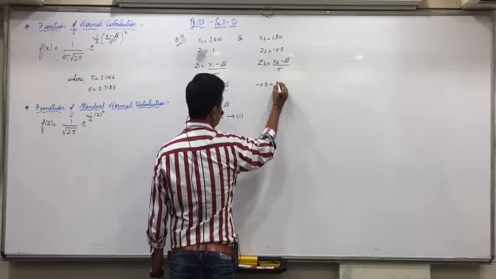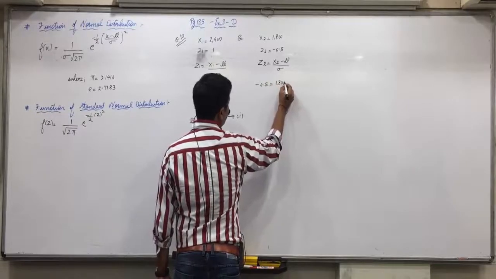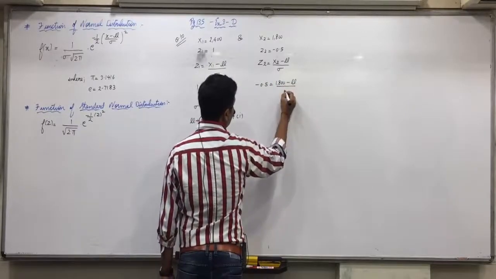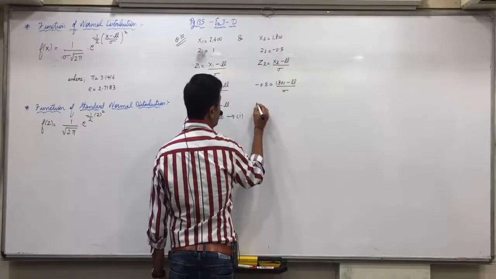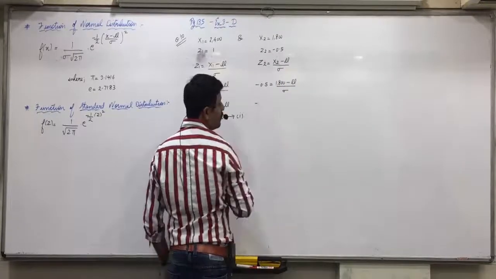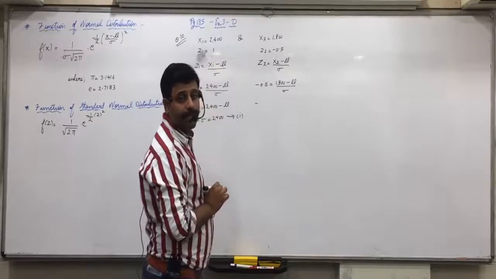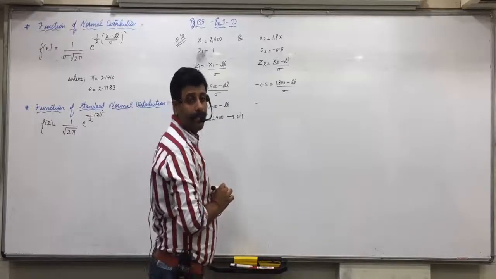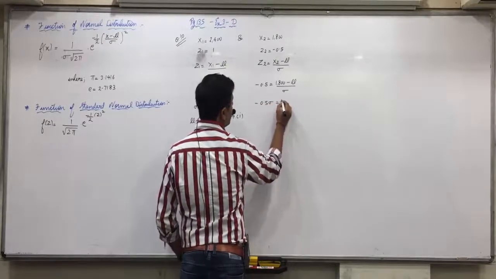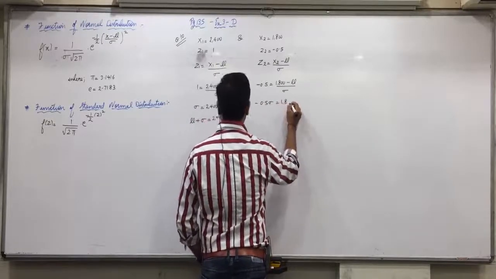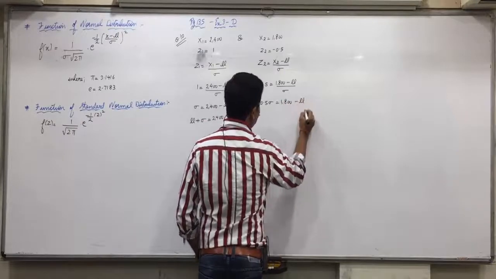Minus 0.5 equals 1800 minus mu upon sigma. Yes, x2 is 1800. Further, minus 0.5 into sigma is equal to 1800 minus mu. Minus 0.5 sigma equals 1800 minus mu.